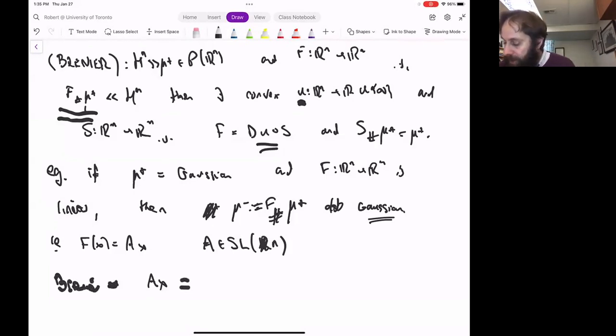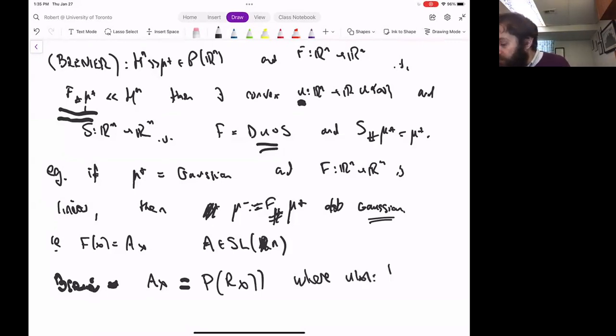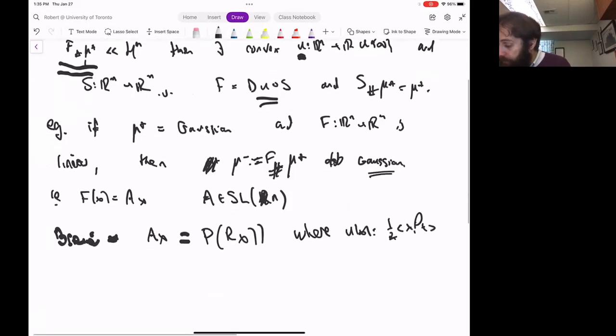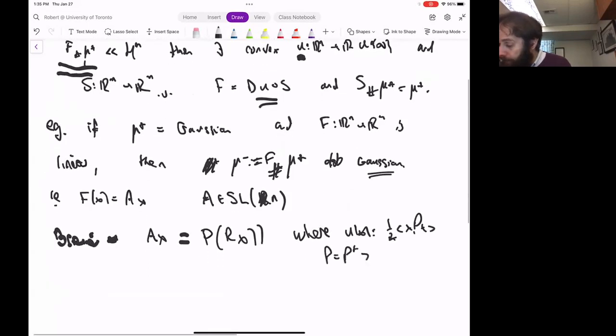AX is going to be, let's say, P, that's the linear mapping gradient of u, and then Rx, where u of x is 1/2 x·Px. So in other words, P is positive definite. That's the convexity of u.